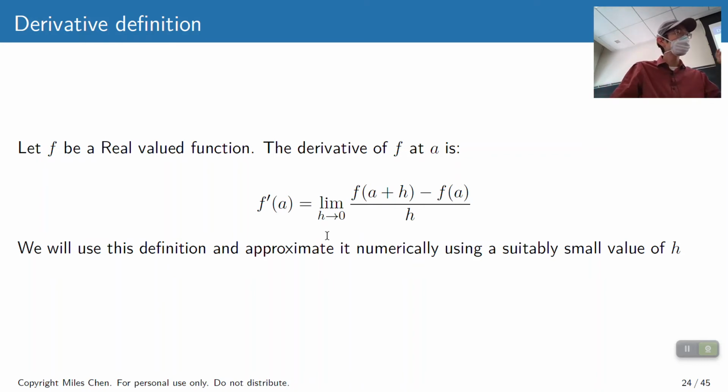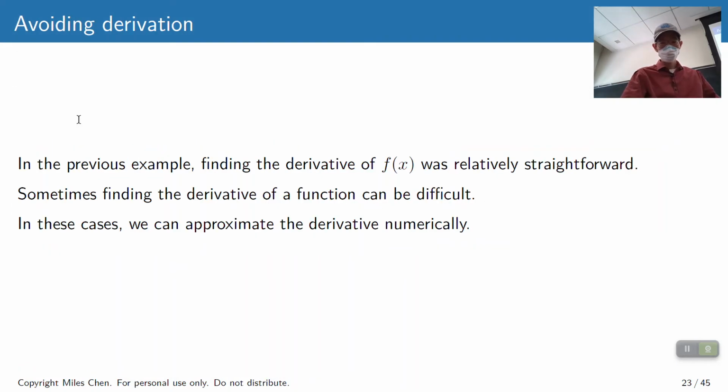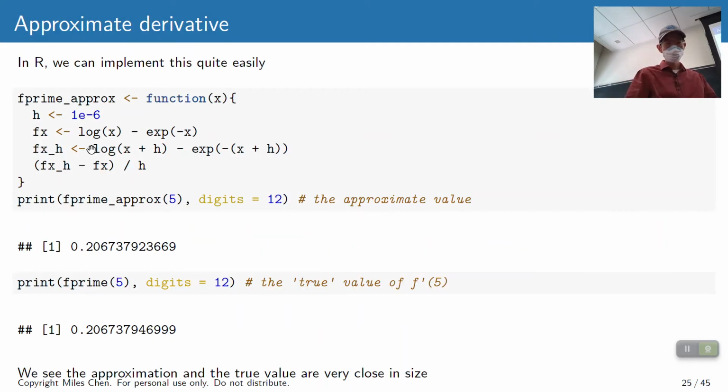So if I plug in a suitably small value of h, this will give me an approximation. Here we're going to find an approximation for f prime for this function, log of x minus e to the negative x, and I'm going to use 10 to the negative 6 as my value of h.